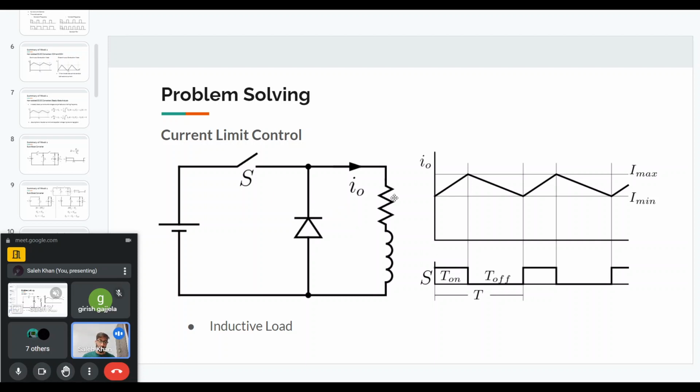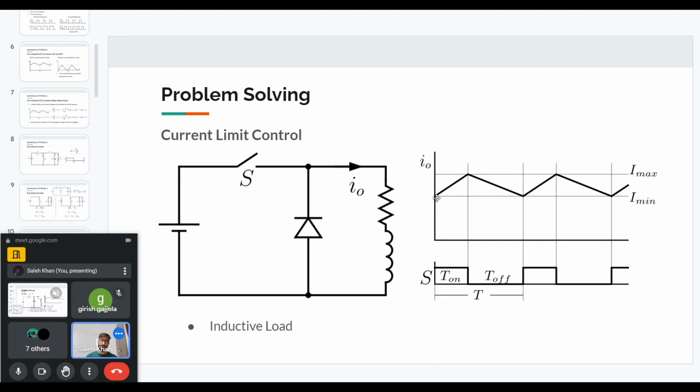So in current limit control, when the load current touches Imax, we will turn off the switch, and when it goes to Imin, we will turn it on again. The condition for this is that in the on time, the inductor current should rise, and it should rise in a gradual manner.